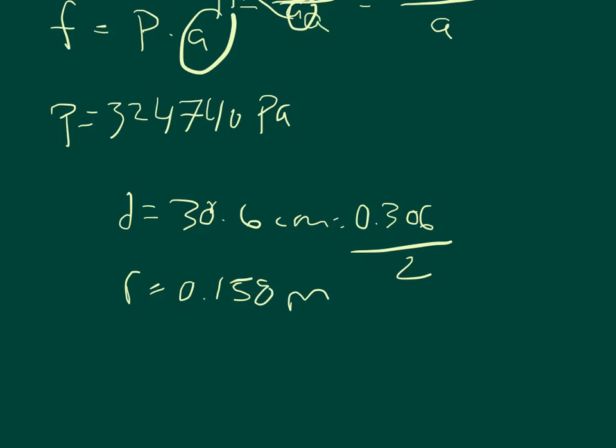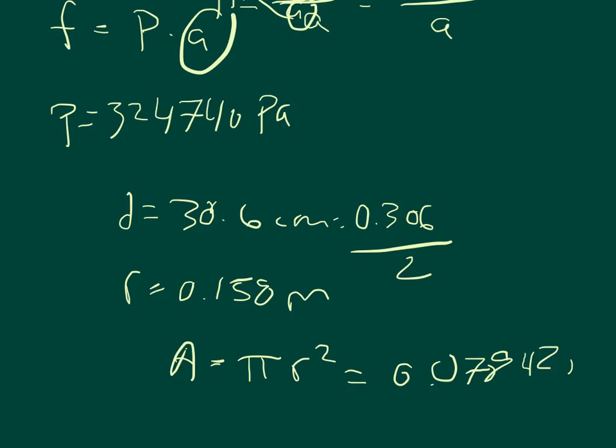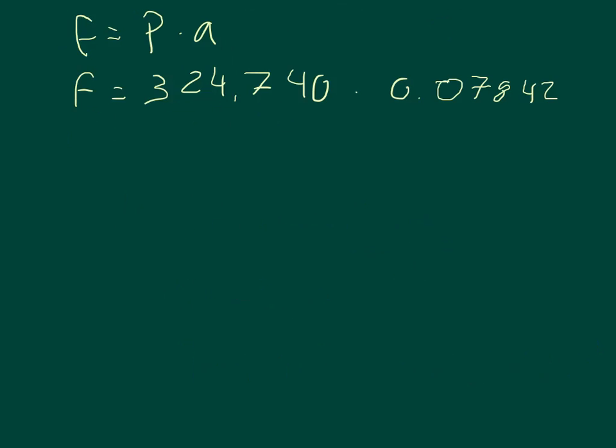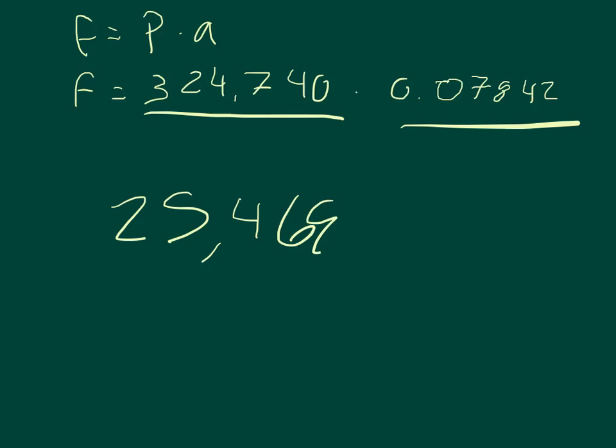Our formula for the area of a circle is pi times the radius squared, or pi r squared. And so for the area, I get 0.07842 square meters. And all you have to do is plug in your numbers for your force equation, the pressure times the area, and it should equal something like 25,468.29 newtons.